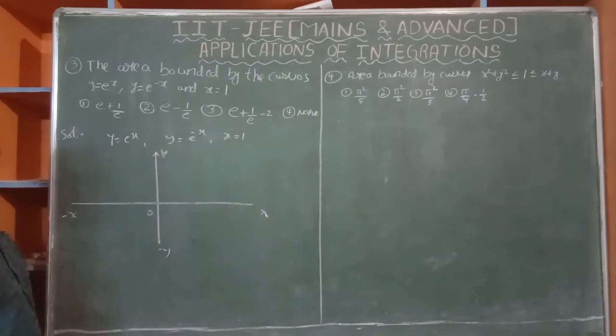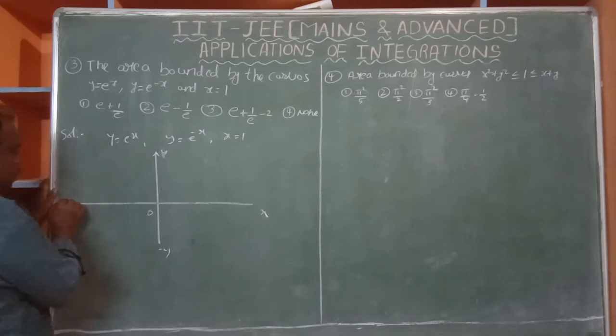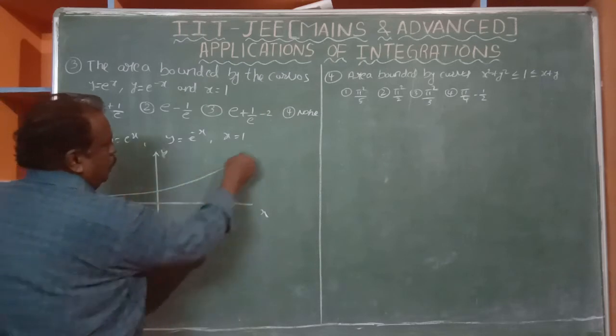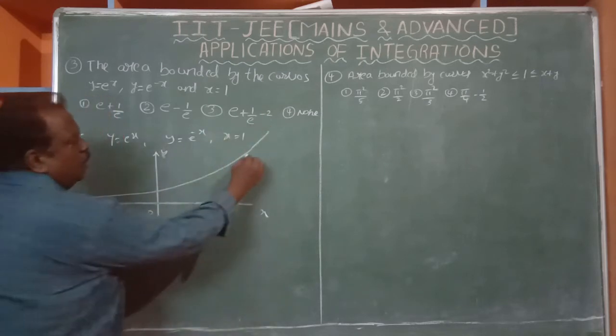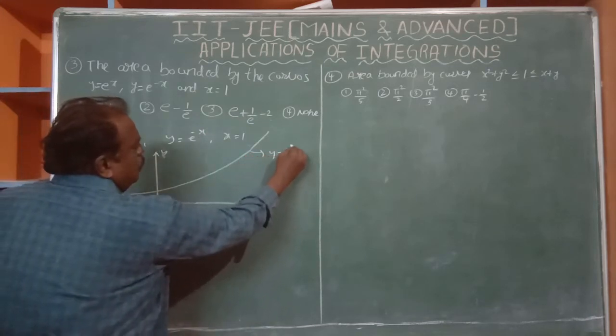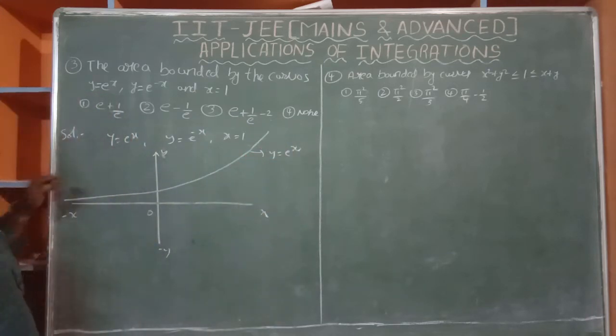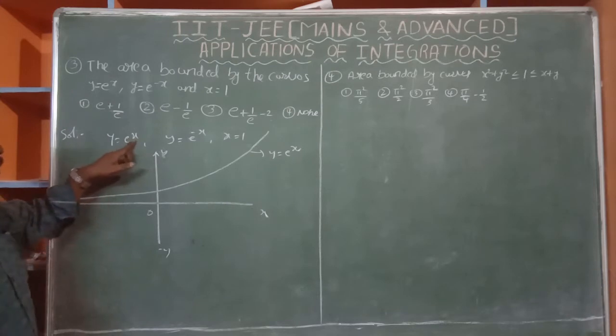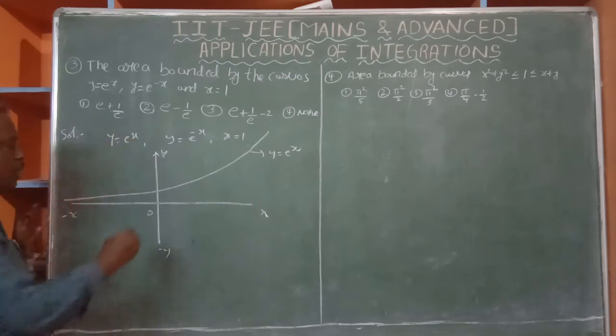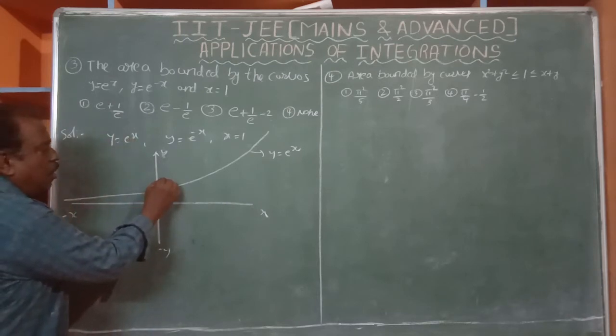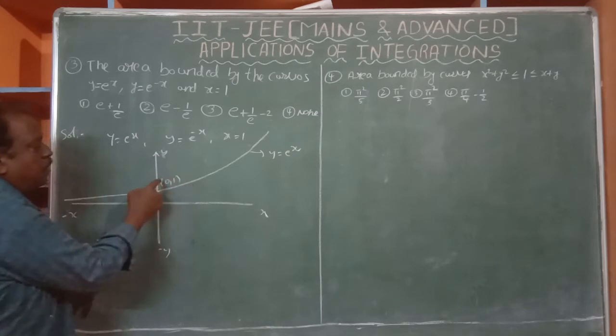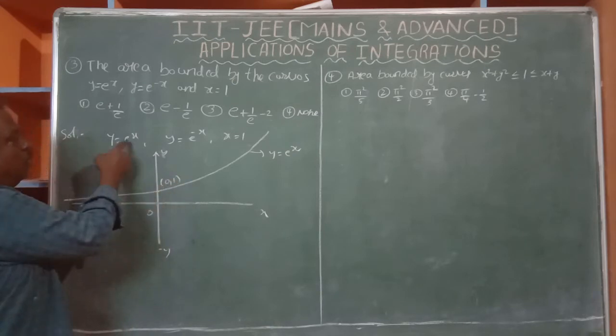Okay, now observe. y is equal to e power x is a curve like this. This is y is equal to e power x. When x is equal to 0, y is equal to e power 0, which is 1. This is the point 0 comma 1.